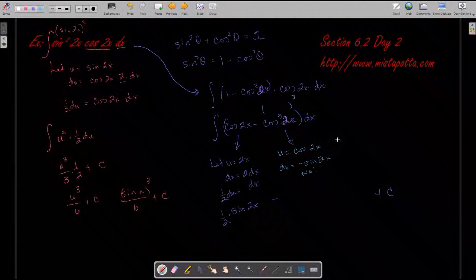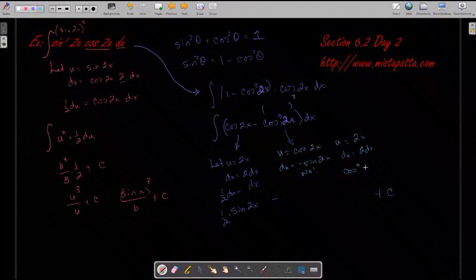So if I let u be 2x and du in this case being 2 dx, I still have cosine cubed of u, which isn't going to help me at all.